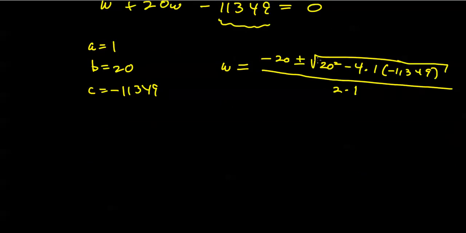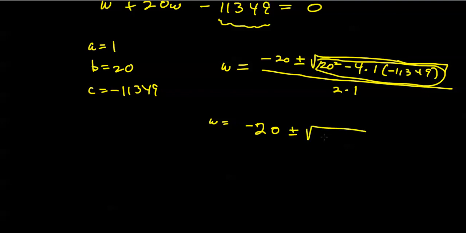Of course I'm going to simplify this radicand expression first and then see if I can find the square root. So w equals minus 20 plus or minus. If I punch this out on my calculator, I get under the root sign 45796, and then divide by 2.